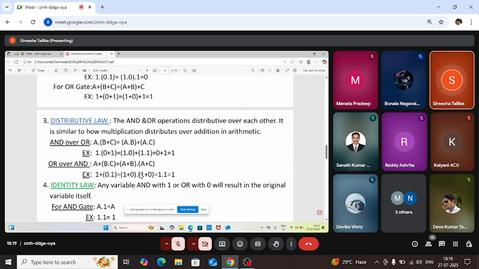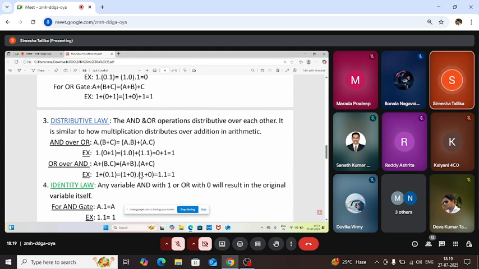If you simplify this, a into b, this is the AND gate, plus a into c, this is also for the AND gate, and this plus means the OR gate. So that is AND over OR gate. If you apply a as 1, b as 0, c as 1 and simplify this, the output will be 1. And then we do OR over AND gate.